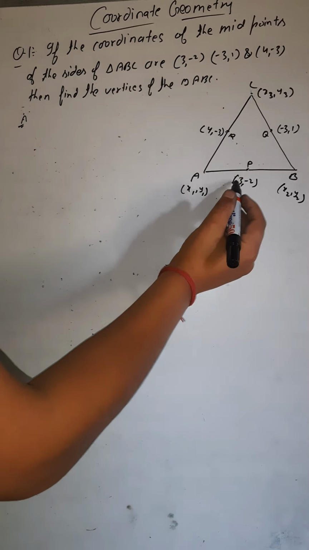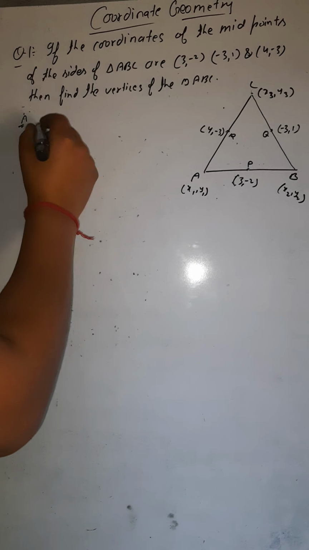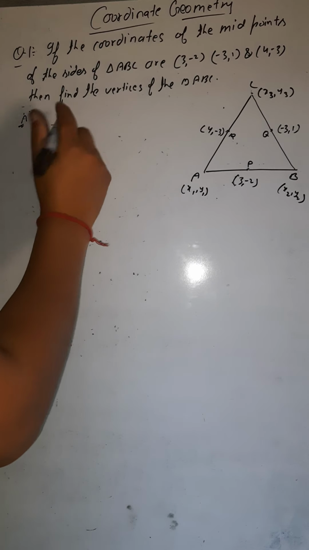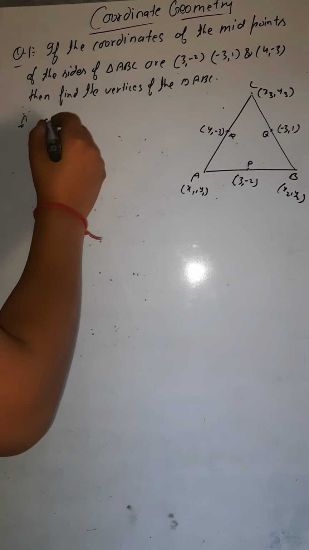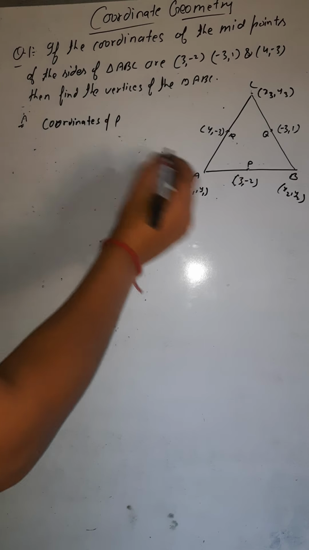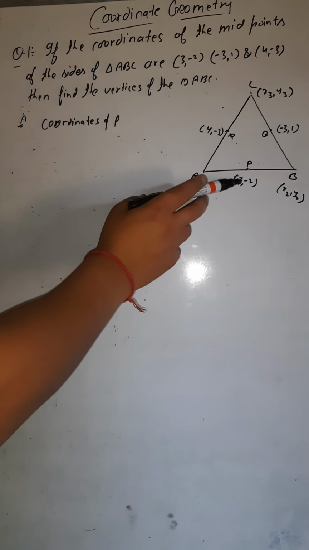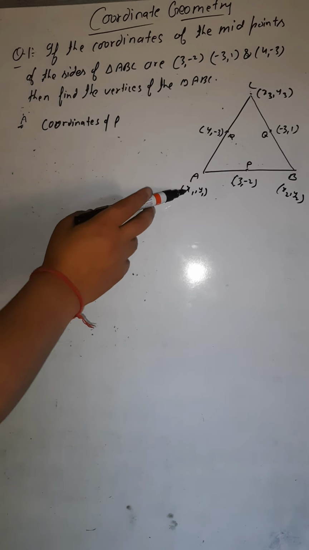So here we can write the midpoint coordinates. Here I am writing about the coordinates of P, which is the midpoint. The first coordinate would be (x1 plus x2) divided by 2. So the first coordinate, 3, would be equal to (x1 plus x2) by 2.